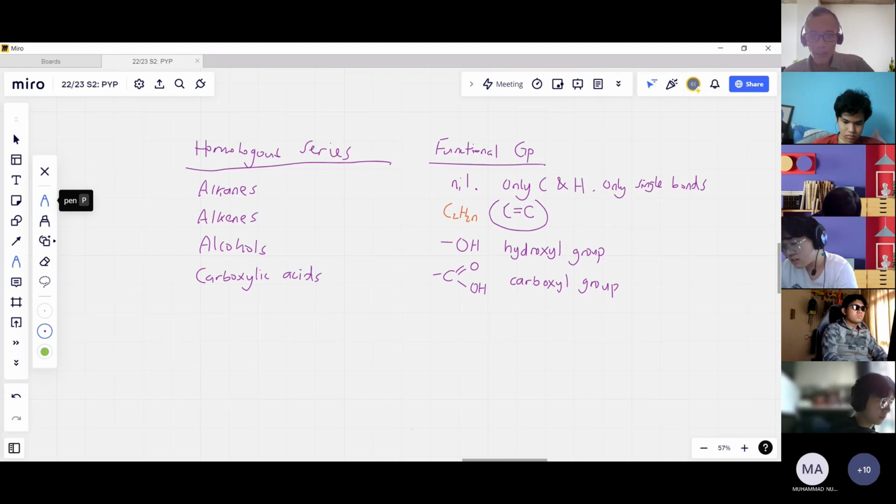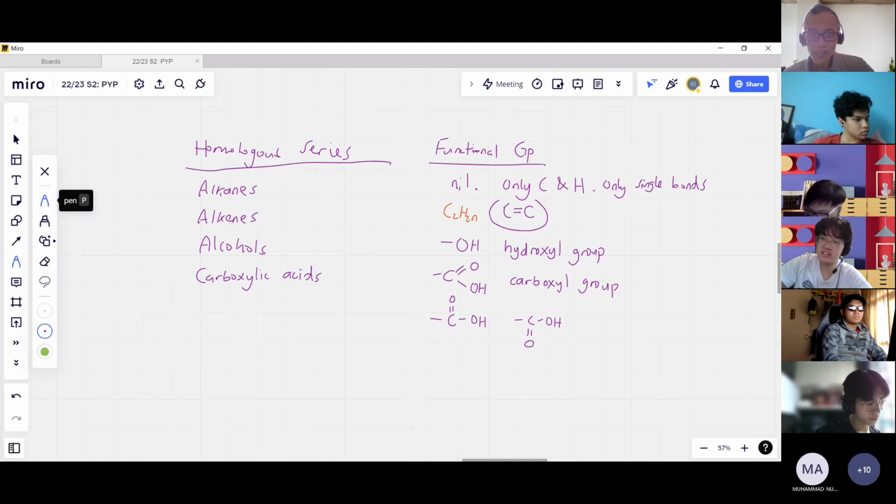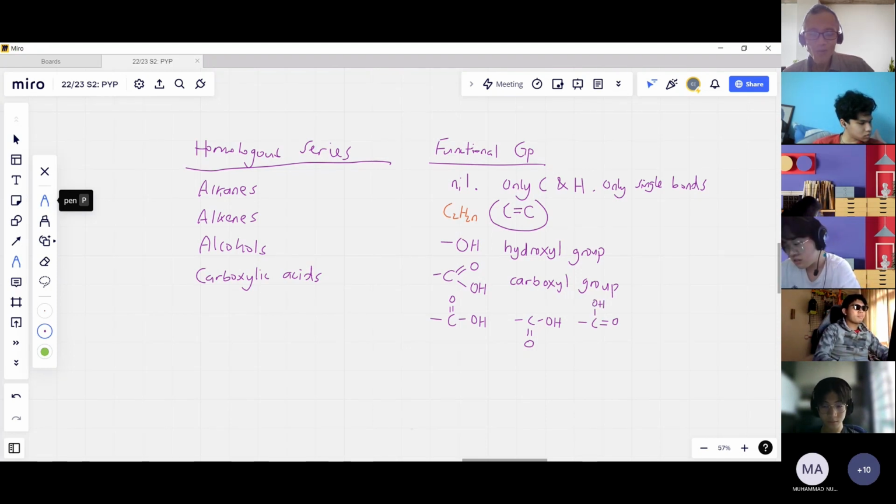I believe I've done something like this before. Also, be very careful. You can obviously draw it in various ways. This is fine too, this is exactly the same. Even if you draw it like this, it's perfectly fine, it's still the same. So be very flexible when you handle these sorts of structures.